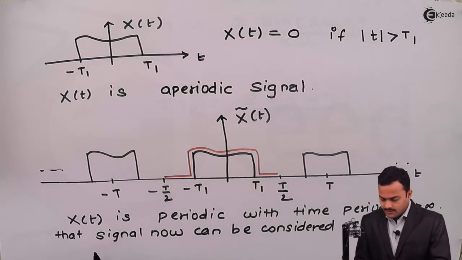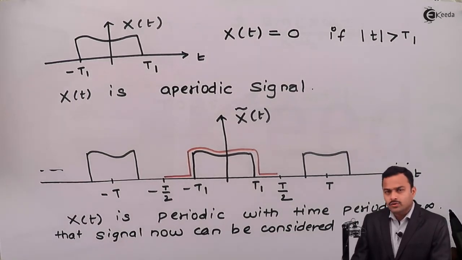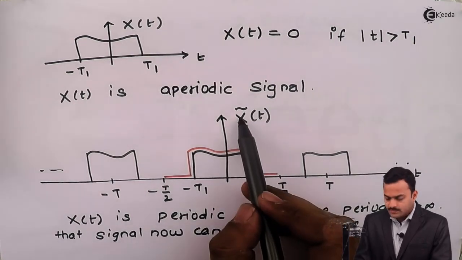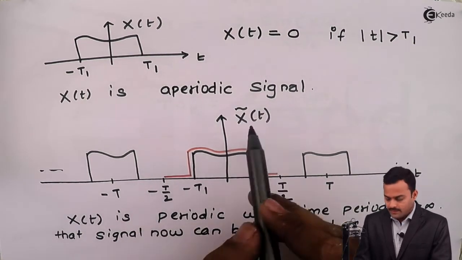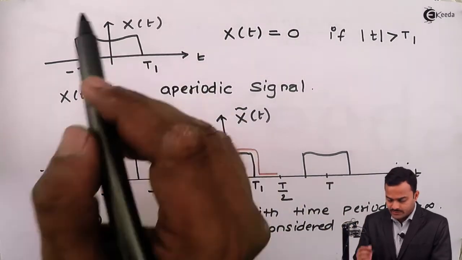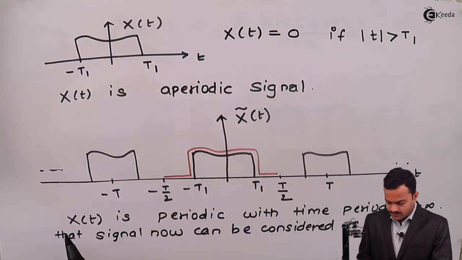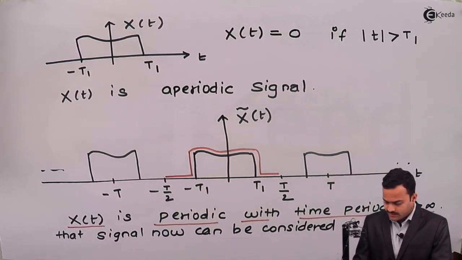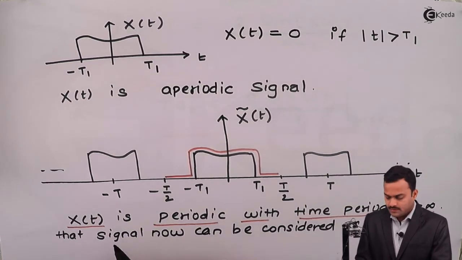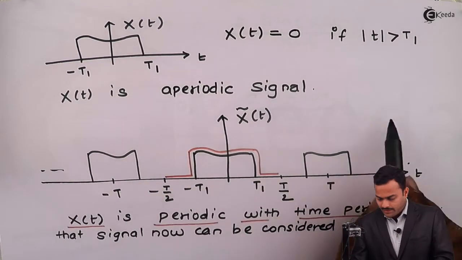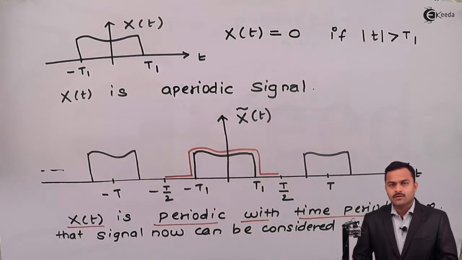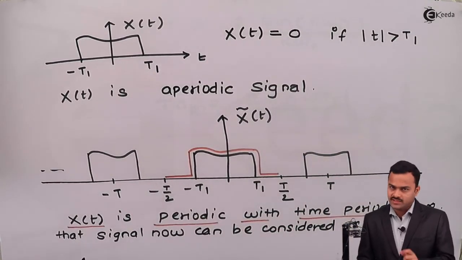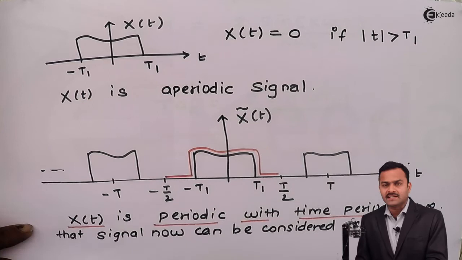So basically, as T tends to infinity, x bar t is identical to x of t. In other words, x of t is periodic with time period T tending to infinity. So now I have a periodic signal whose Fourier series expansion can be very well written. So let's write it.